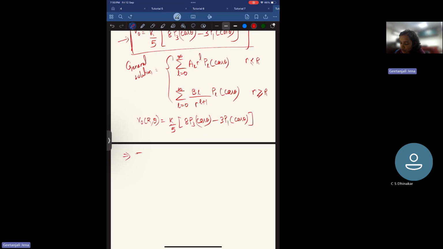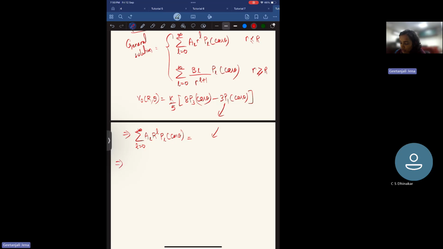So on the left hand side, we can use the summation of A_L R^L P_L(cosθ), where L is from 0 to infinity. This is equal to this form. Now we'll use the trick: the summation over L from 0 to infinity of A_L R^L integral from 0 to π of P_L(cosθ) P_L'(cosθ) sinθ dθ.